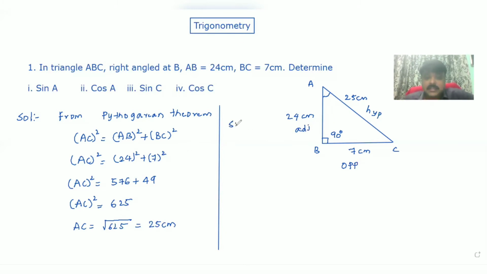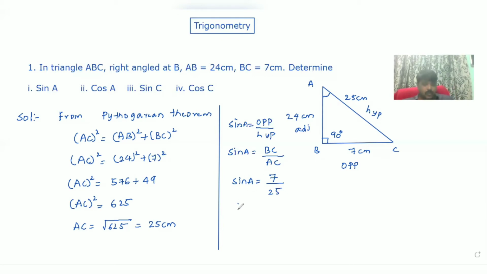Hence, sine of any angle is nothing but opposite by hypotenuse. Sine A equals the side opposite to A, here it is BC by AC. Therefore, sine A equals BC, 7, by AC, 25. The centimeters get cancelled off.